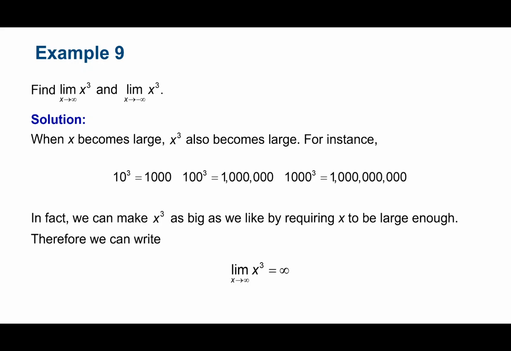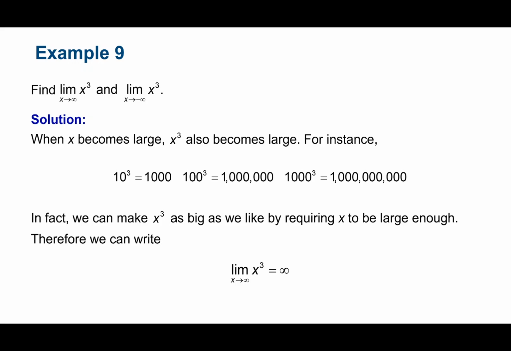If we keep making our x's bigger, our y's are going to keep getting bigger. And that's not too tough to think about. So as we go toward infinity, bigger and bigger numbers cubed just get bigger and bigger. So we would say the limit as x approaches infinity of x cubed is infinity. We have an infinite limit there.